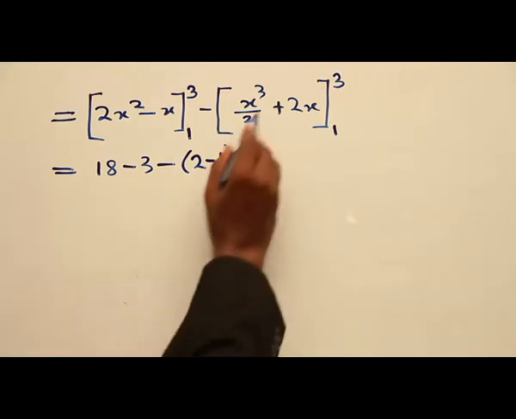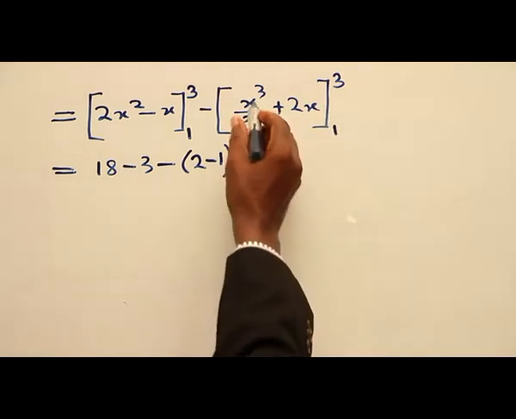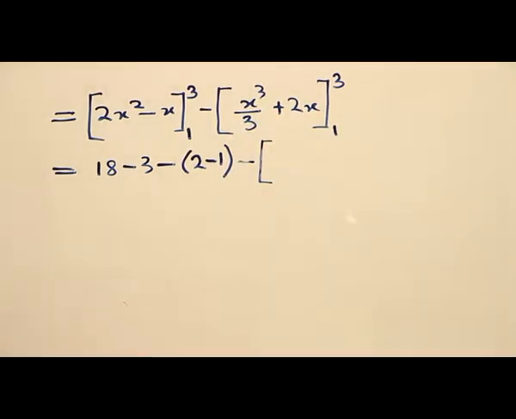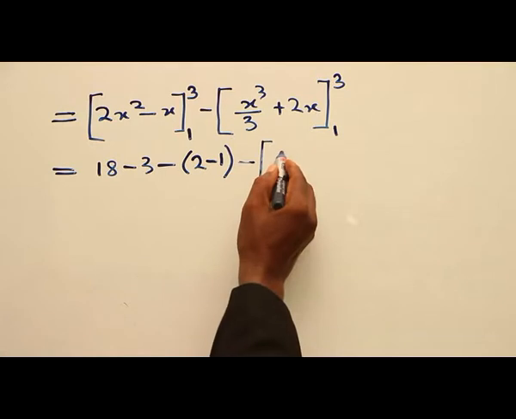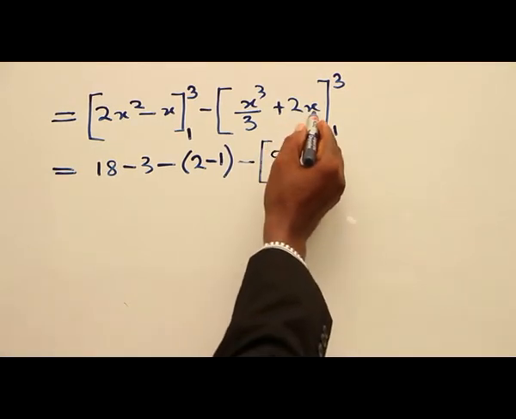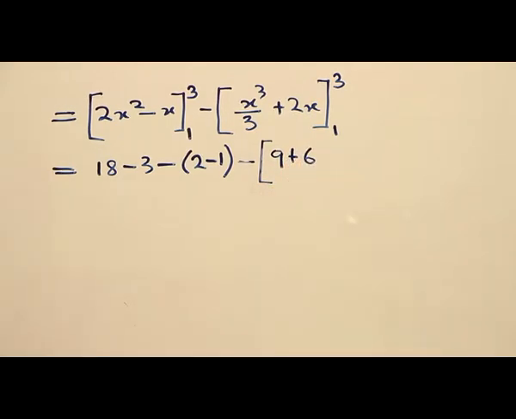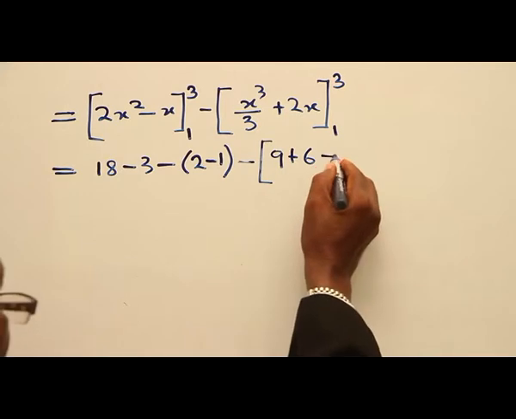You move on to the next one, minus. Again, open the bracket. 3 cubed is 27, and 27 divided by 3 will give you 9. And 2 times 3 is 6, that is plus 6. Then remember, this is minus.